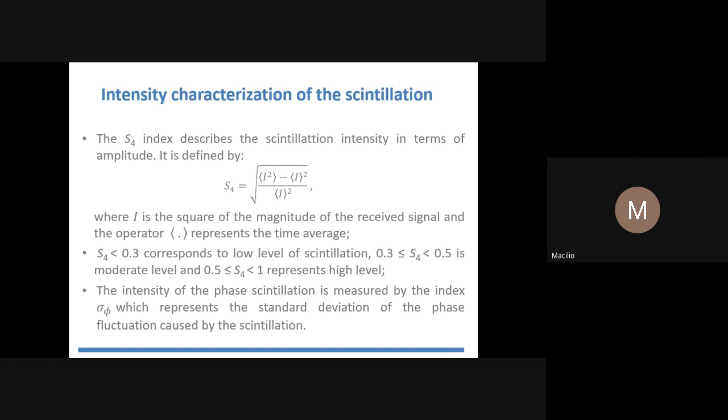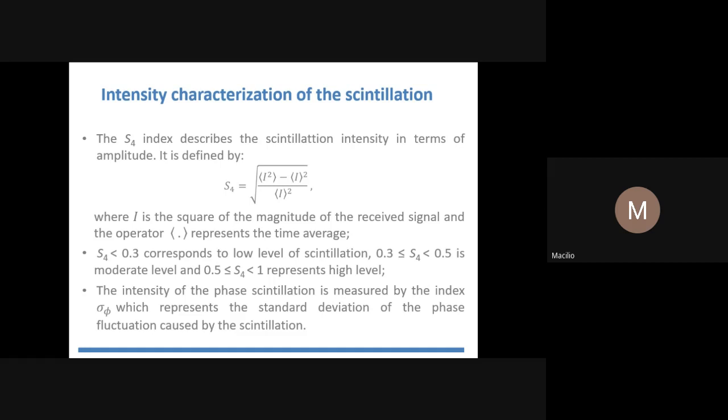We say the scintillation is low level if S4 is less than 0.3. Between 0.3 and 0.5, we say this is moderate level. But if this index is greater than 0.5, we say we have a high level of scintillation intensity.